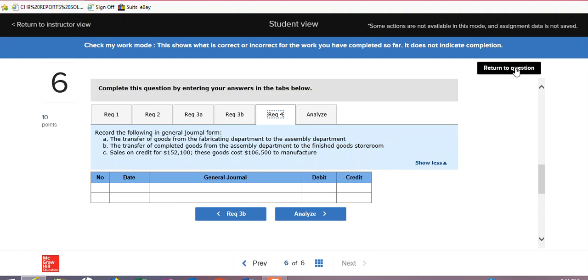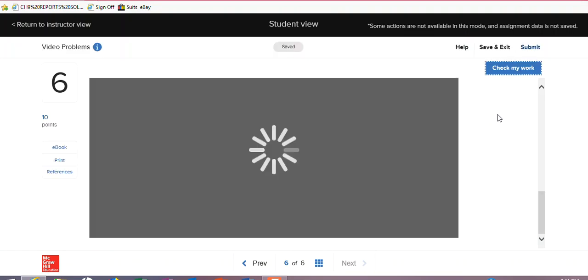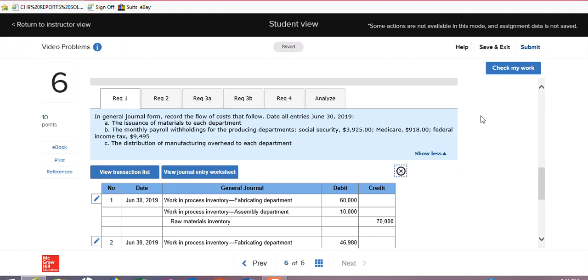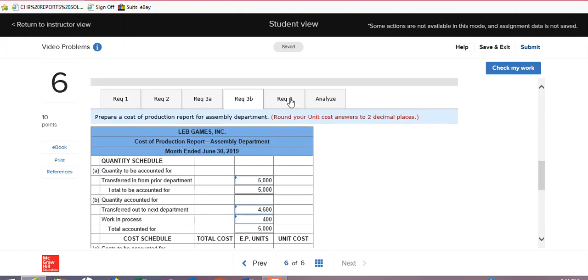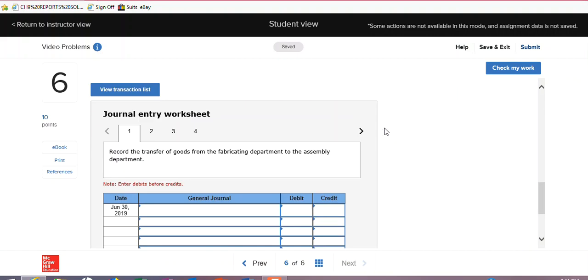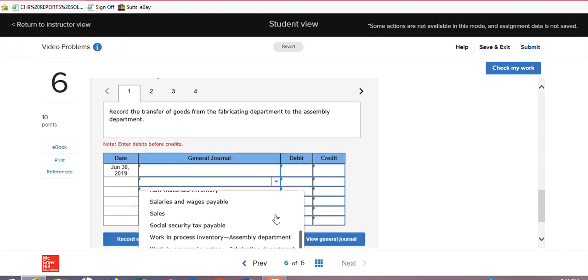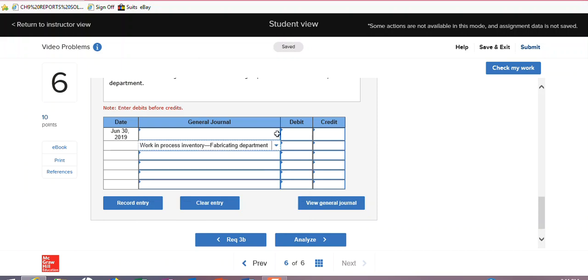Looks like we got some journal entries. Record the transfer of goods from the fabricating department to the assembly department. So we're just taking work in process out of fabricating and sending it to assembly.